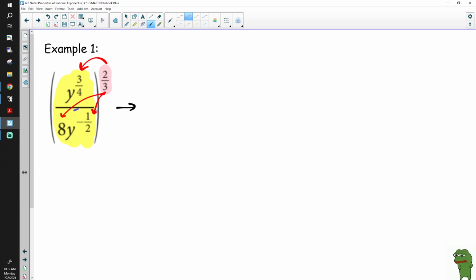We're not going to worry about adding or subtracting or multiplying anything. We're just going to give everything that exponent first. So the top is going to become y to the 3/4, which it already was, but now it's raised to the 2/3. We gave the top another power. So now it's a power to a power. We'll just leave it like that for now.